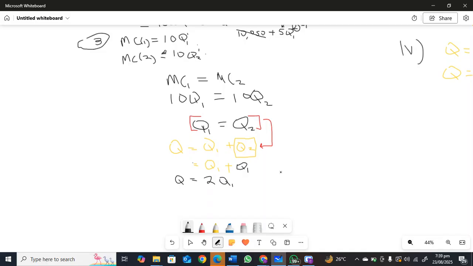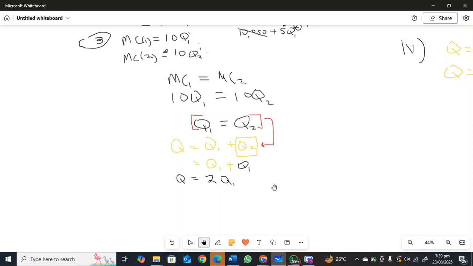Okay? So that we can now equate one marginal cost function to the marginal revenue function, so we can find Q. We did all of this so that we can equate one of these two to the marginal revenue function. That's why we first equated.